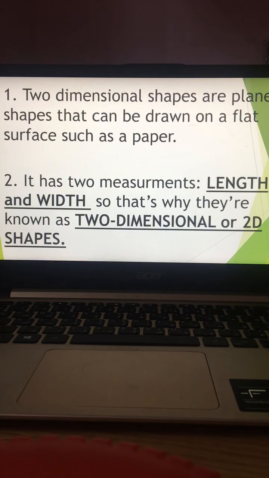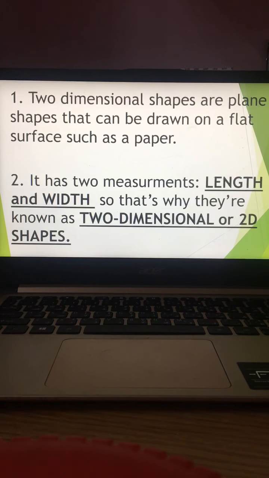Let us refresh together with some information that we've discussed in the previous session. Two-dimensional shapes are plane shapes that can be drawn on a flat surface such as a paper. These are the features or the characteristics of the 2D shapes.